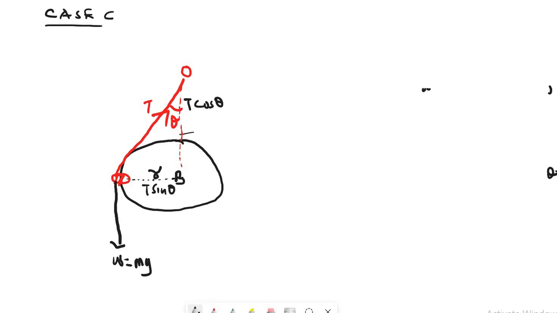Vertically, there is no motion, which means the vertical forces counterbalance each other.